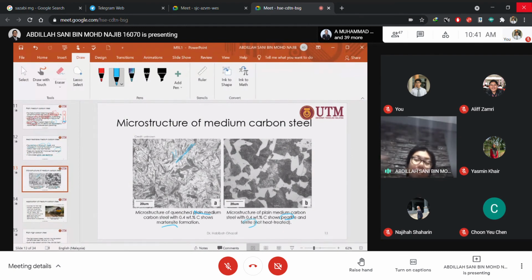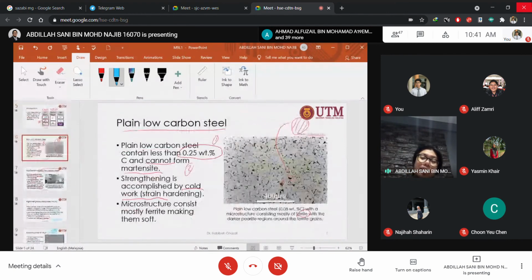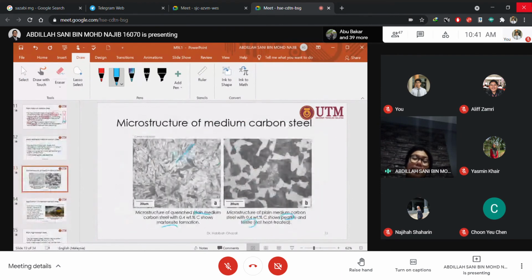If you compare with just now, low carbon steel is mostly ferrite. Now we have more carbon, so the ferrite can be smaller, and we have more area of pearlite.